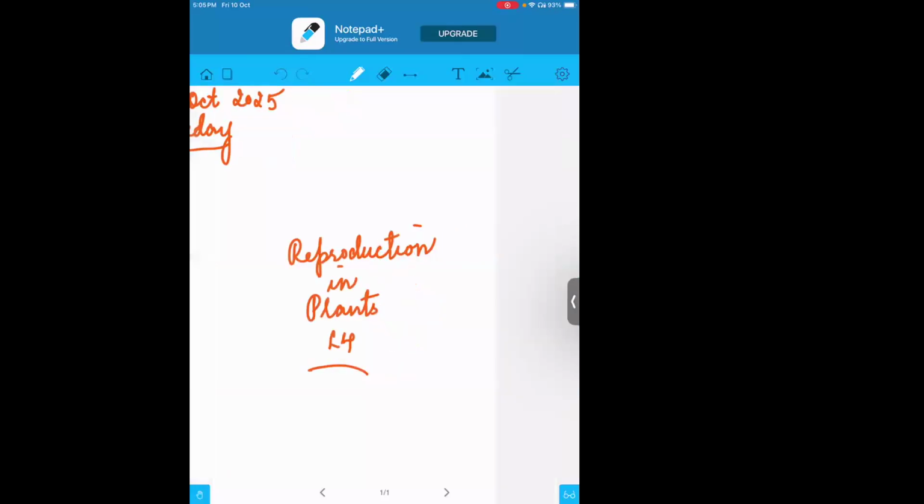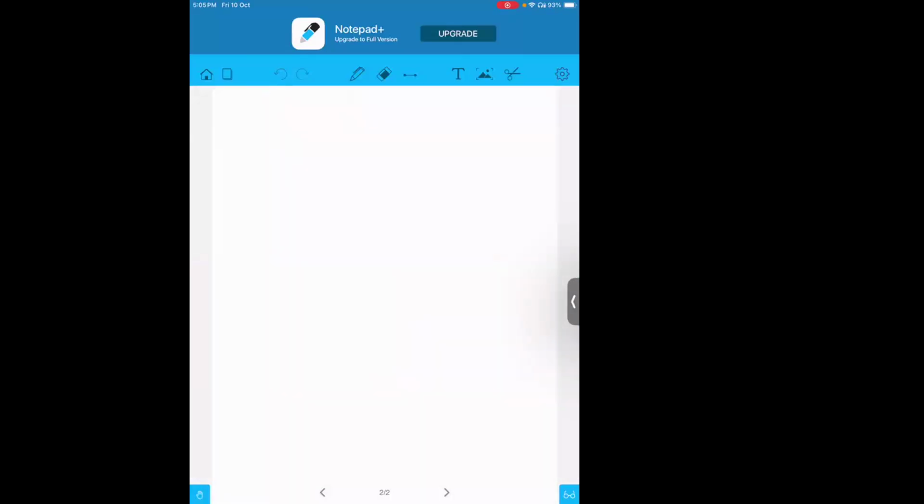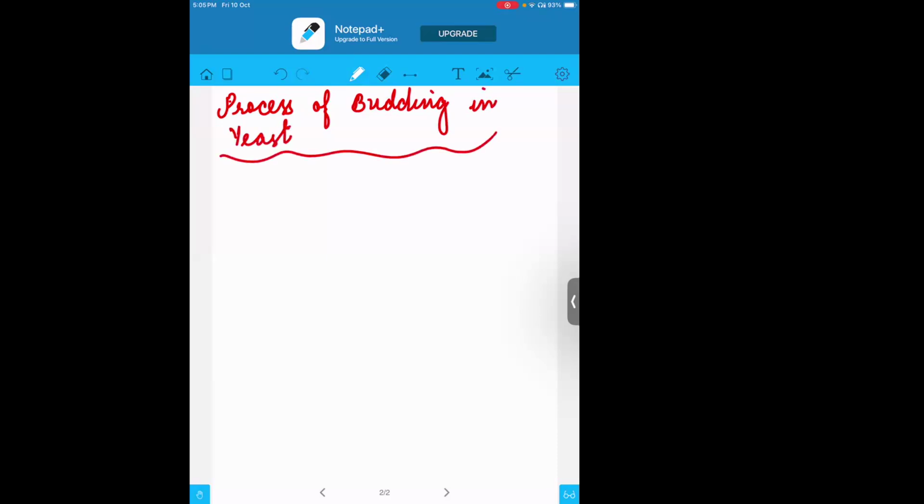Now, when talking about the process, the heading will be process of budding in yeast. So how does the process of budding in yeast take place? Step by step, we will be writing it. The first step is the yeast cells reproduce asexually.